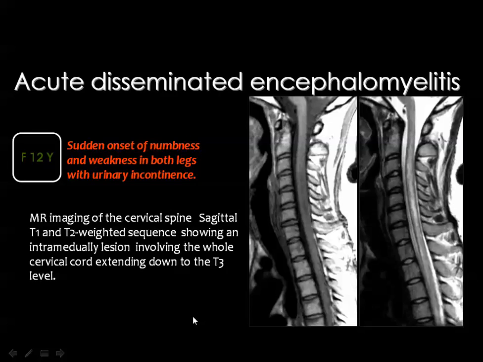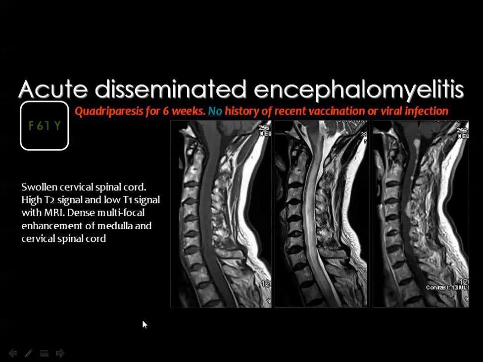But how can you predict that this is acute disseminated encephalomyelitis? It is the history of recent flu-like attack or a recent vaccination within 10 to 15 days before the onset of these symptoms and the appearances of these MRI abnormalities in the spinal cord.